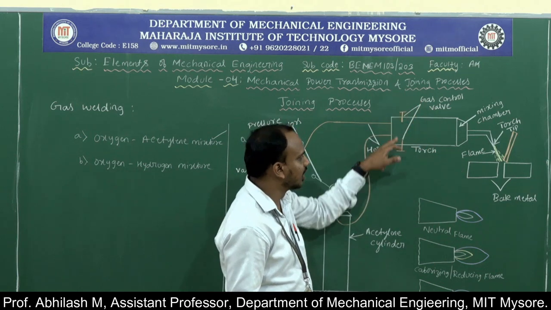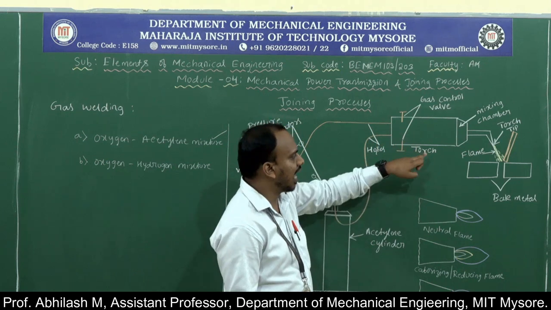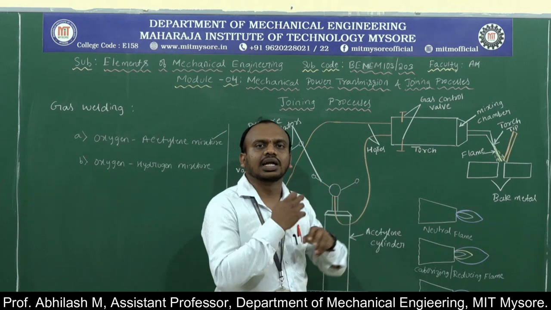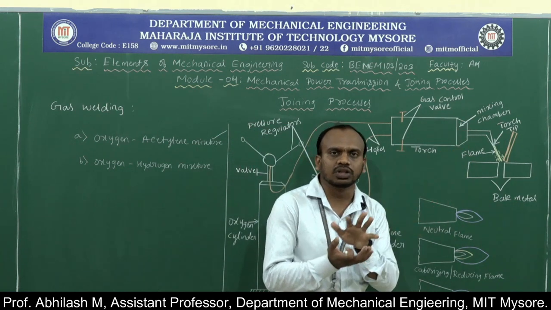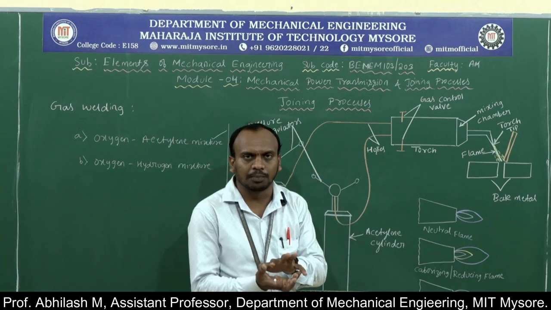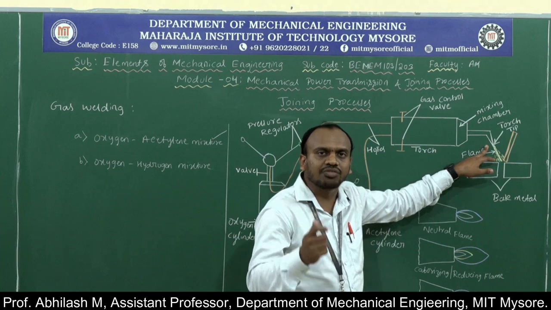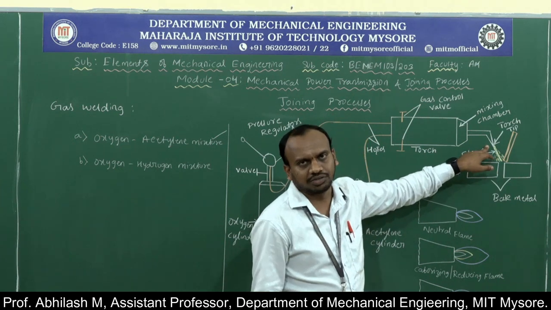We have a gas control valve to regulate the flow of gases. We have a torch with a mixing chamber where both gases are mixed in equal proportions, and at the tip of the torch that mixture of gases is ignited to obtain the gas flame.